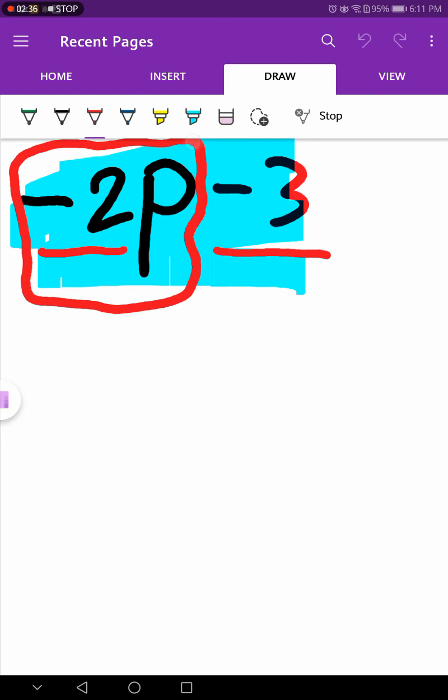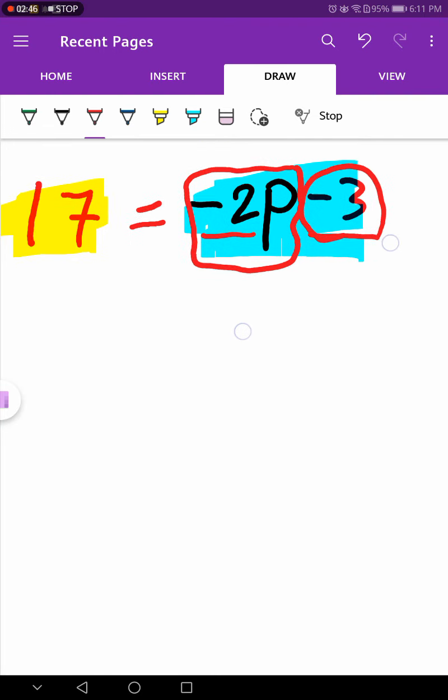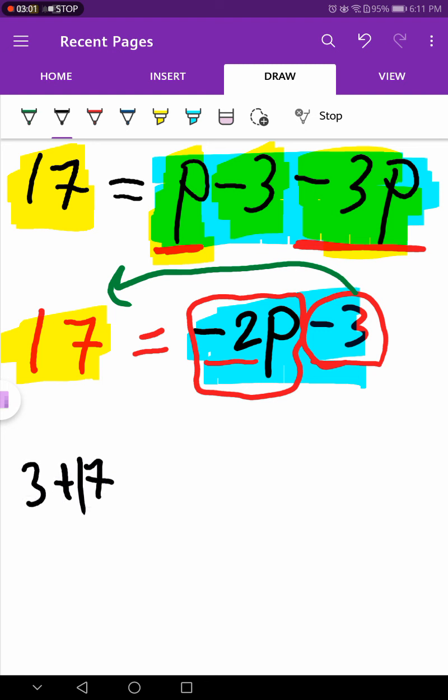We focus on the negative 3, and eliminate it by adding 3 to both sides, or by throwing this negative 3 to the left side. When I throw it, I change the sign, so it will be positive. So 3 plus 17 is the left side, and the right side is negative 2p.